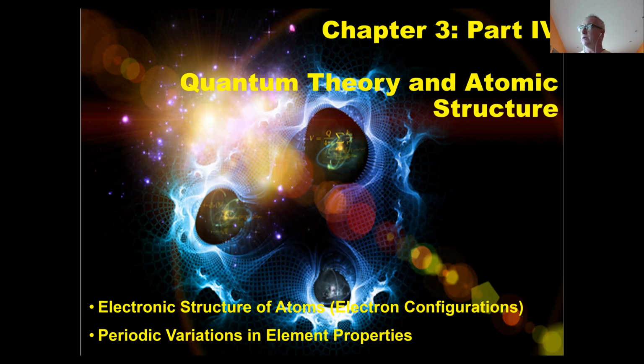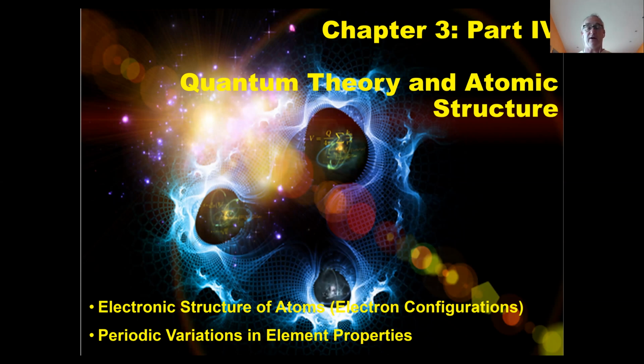We're going to be doing that electron configuration lab, touching on one of the things we're going to be talking about today, how the electron configurations are related to one of the periodic properties of elements.